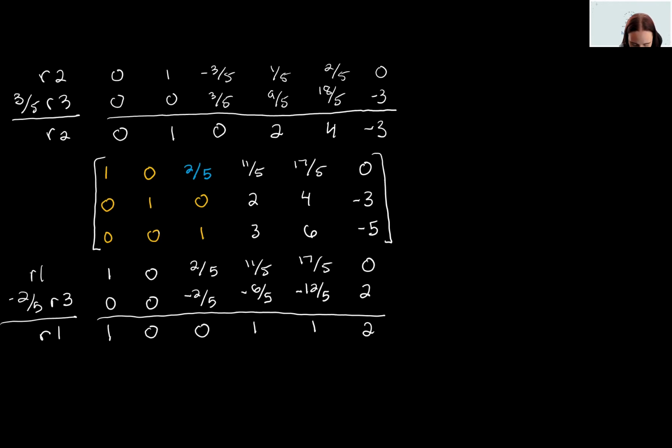And so we get, I actually took a picture of my own screen so I can write this down. We got 1, 0, 0, 1, 1, 2, 0, 1, 0, 2, 4, -3, and 0, 0, 1, 3, 6, -5.